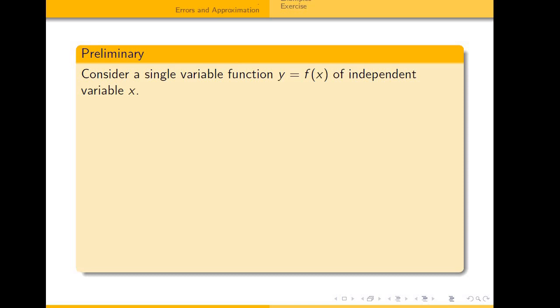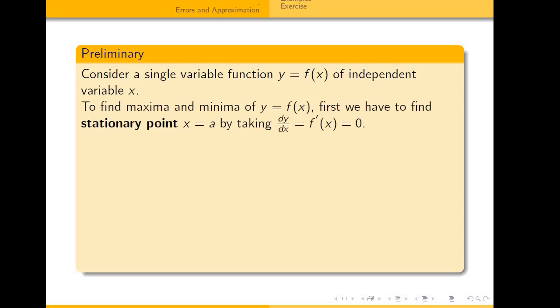To find maxima and minima for this single variable function, we first find its derivative, dy by dx, and compare it with 0. When we solve this equation, we get stationary points. Suppose the stationary point is x is equal to a.